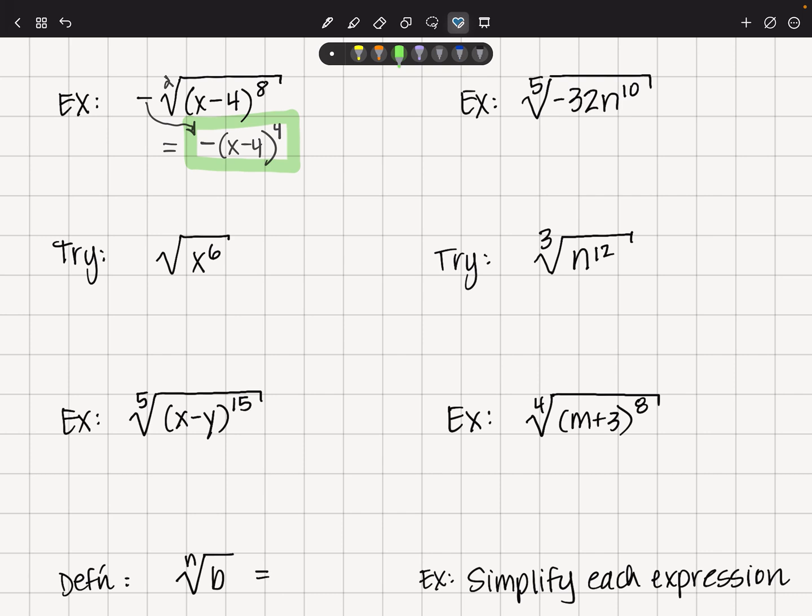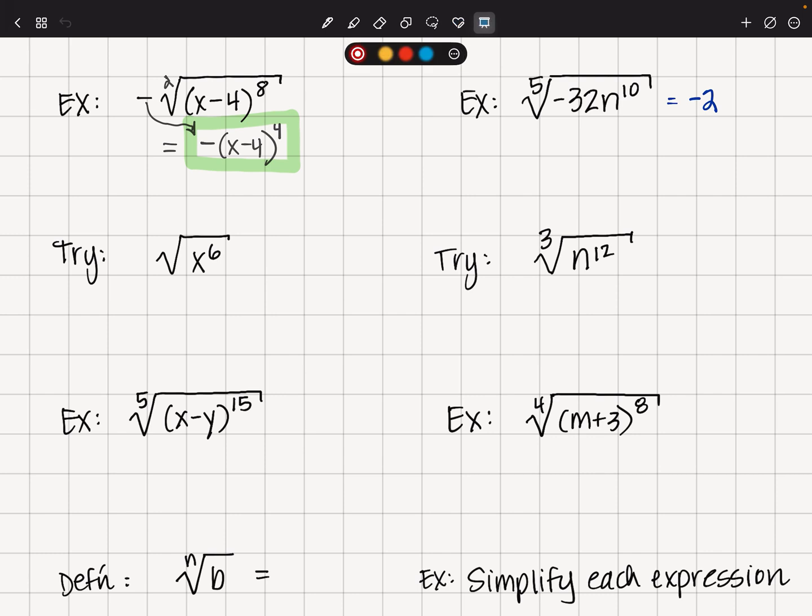Okay, let's try another one of those. Here we have the 5th root of negative 32n to the 10th. This is an odd index, so negative radicands are allowed. So the 5th root of negative 32 is going to be negative 2, because negative 2 to the 5th power is negative 32.